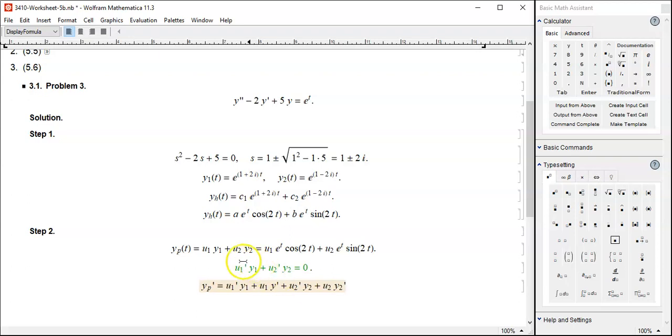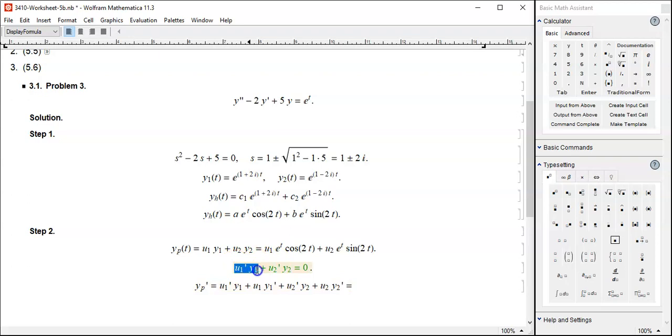We just use the product rule. Let's check that I have it correctly: the derivative of the first function times the second, plus the derivative of the second function times the first. Alright.